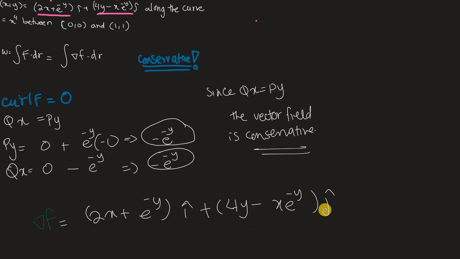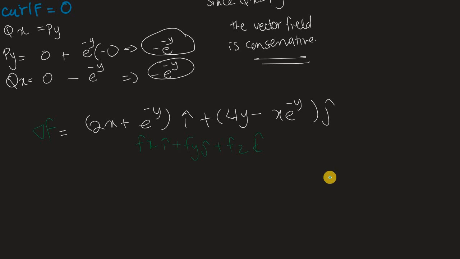Okay, and if you remember, taking the gradient is simply f_x i hat, f_y j hat, and f_z k hat. Remember? If you're confused with the notation, it's simply the partial derivative with respect to x, partial derivative with respect to y, and partial derivative with respect to z, right? So this is what the equation of the gradient means.